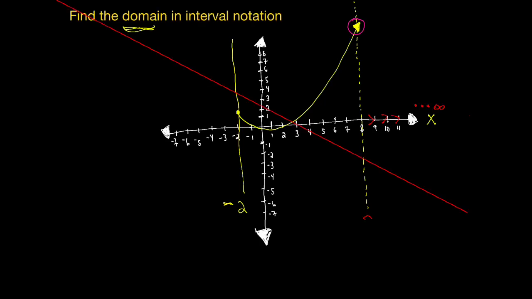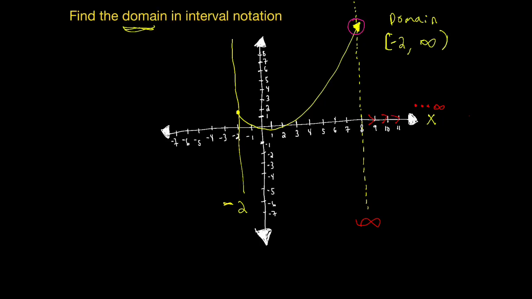So the upper bound is going to be +infinity. So to get the domain here, we're going to use -2 in brackets because it was a closed circle, and then +infinity with the parentheses. So try these problems out, and then we'll come back and do the range.